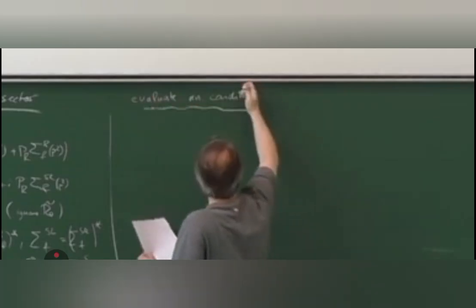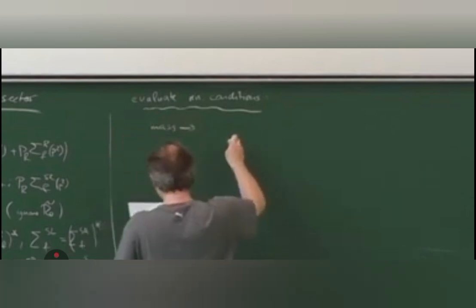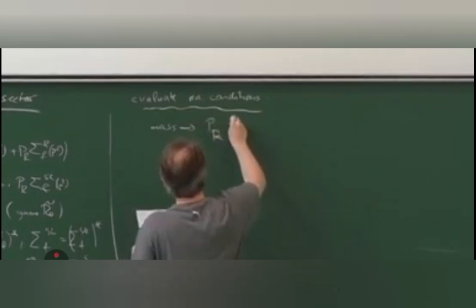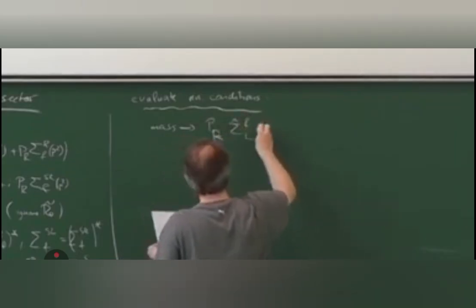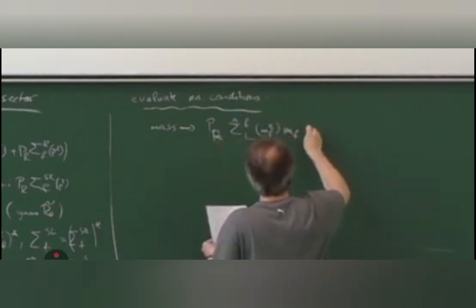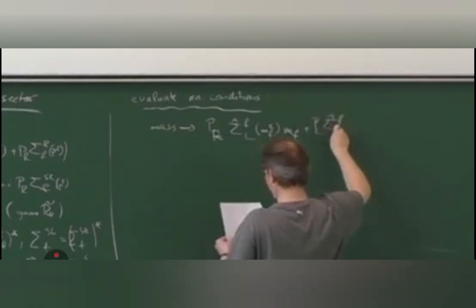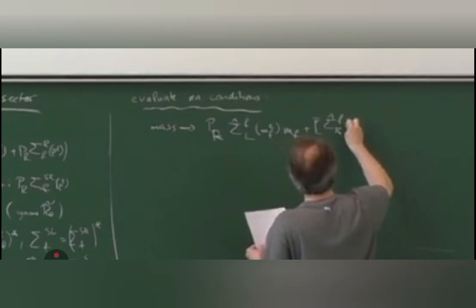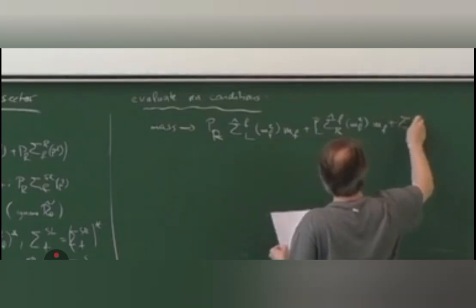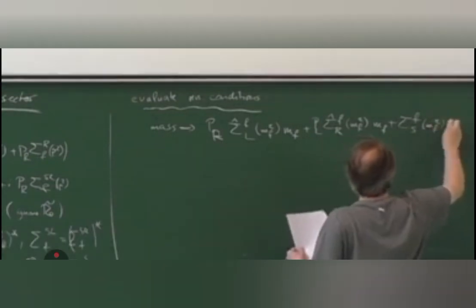Yeah. So for the mass, we get the following, namely P right times sigma hat FL at MF square times MF plus P left sigma hat FR at MF square times MF plus sigma S F at MF square equals 0.